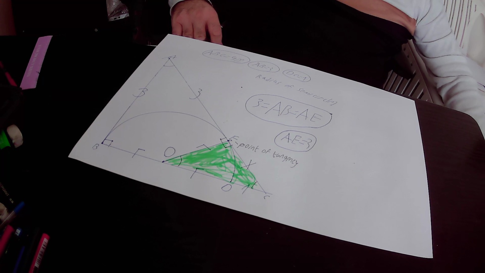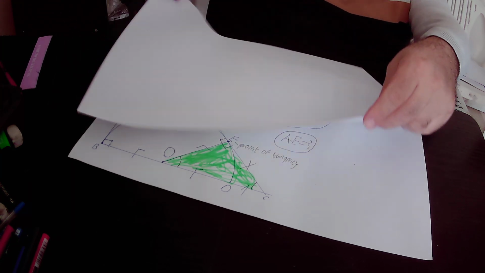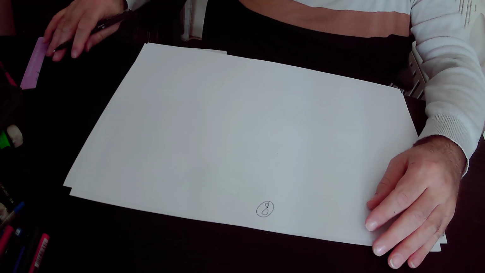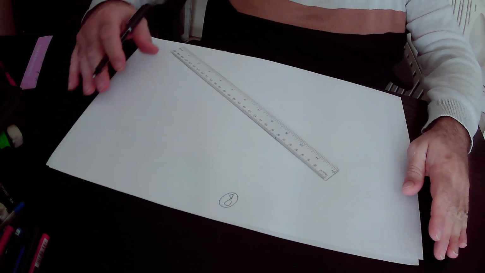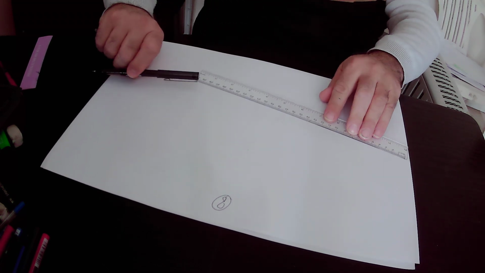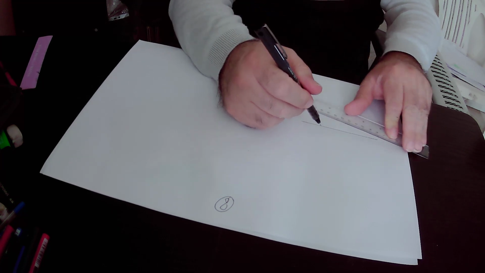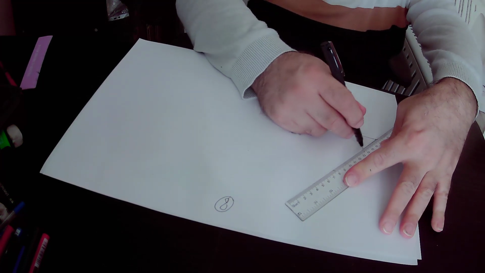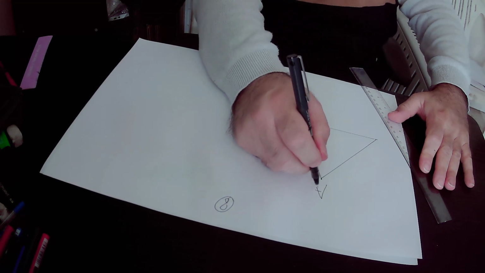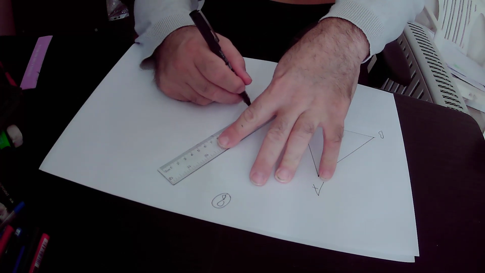The meaning of the third angle theorem is that if you have two triangles, triangle ABC and triangle DEF.